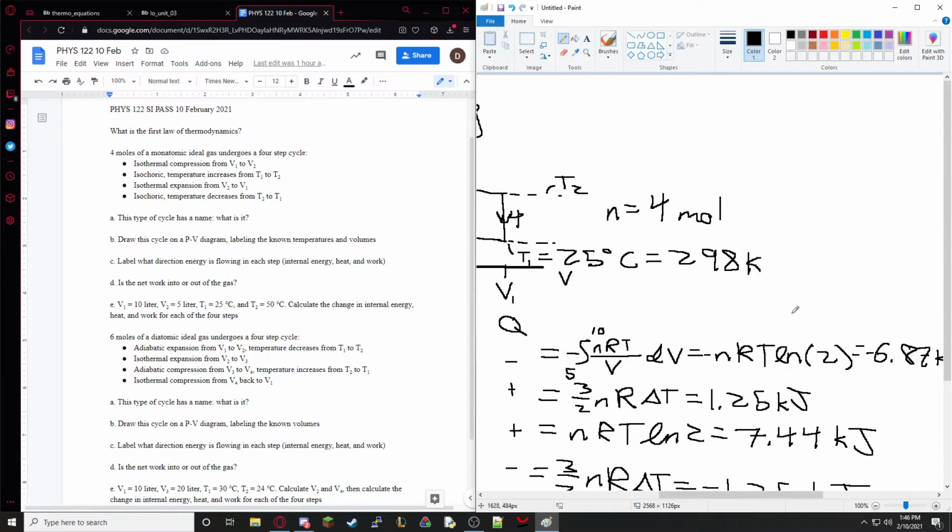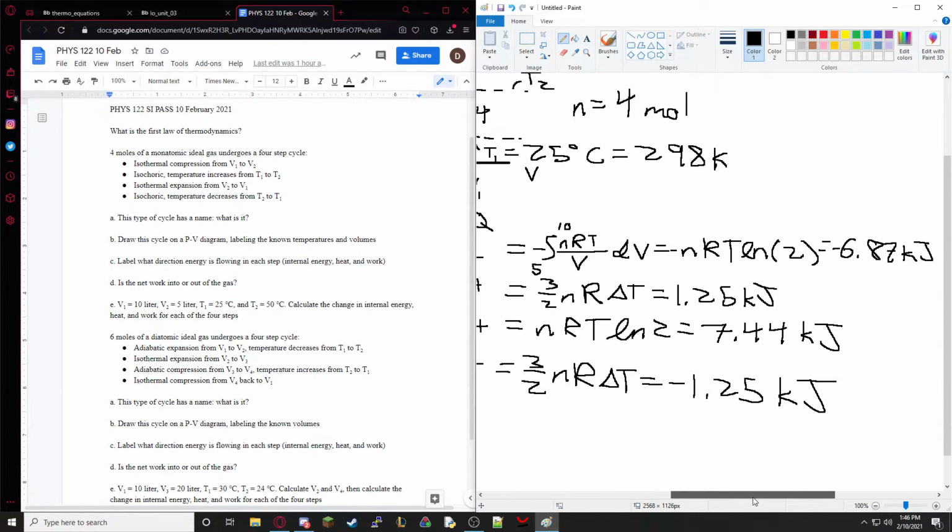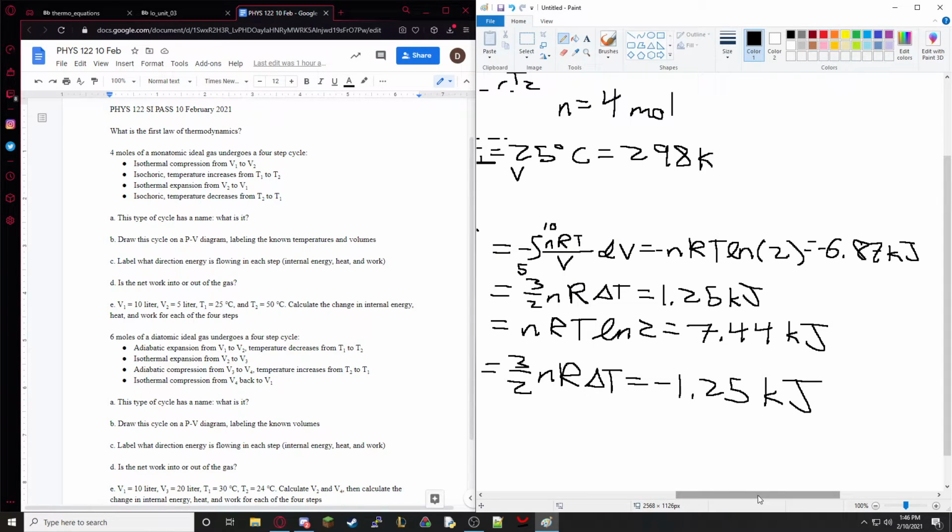Any other questions about this? I was wondering, if we were given pressure instead of temperature, for that first step, you know how it says negative nRT ln2, could you use PV ln of the volumes?